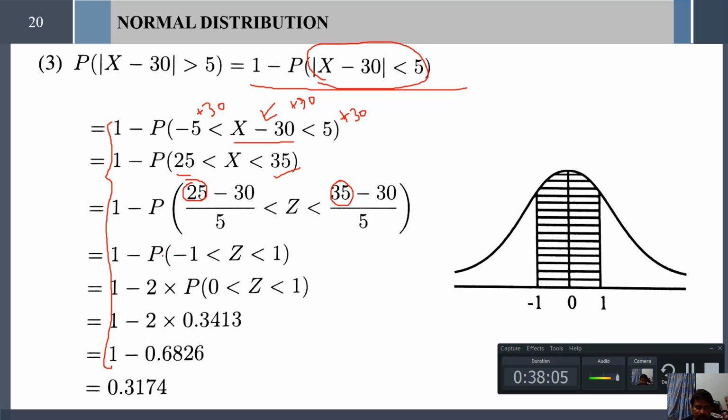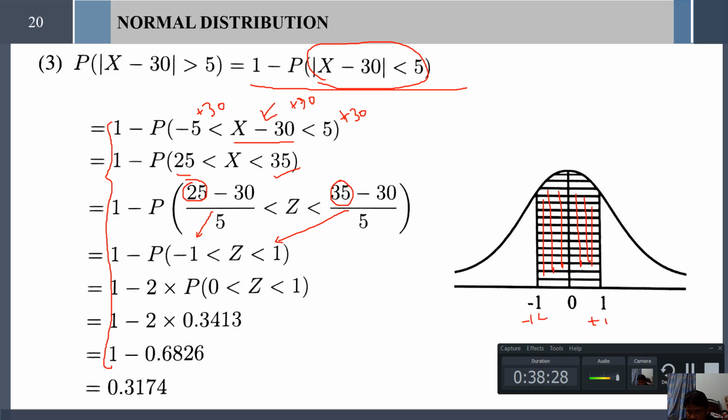So 1 minus probability of this value, which is minus 1, and this value is positive. You simply note in the normal table, this minus 1 lies on the left hand side and plus 1 lies on the right hand side, and this is the area we want to find out. To refer to the normal table, we should touch the origin.